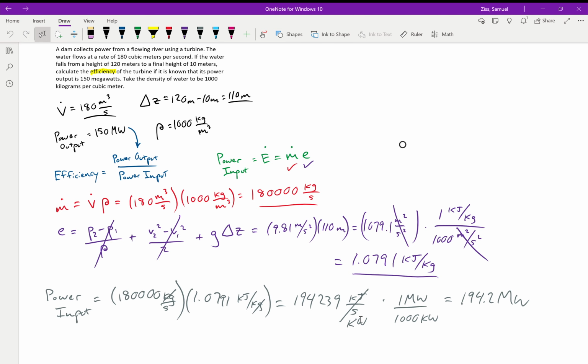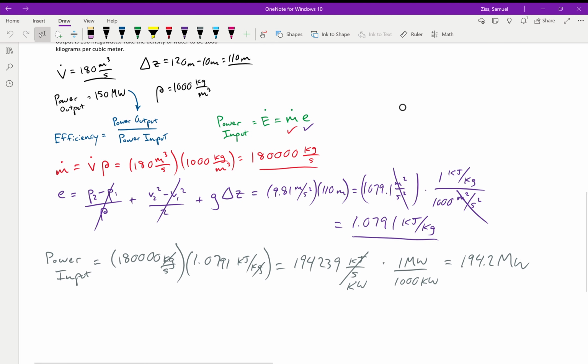So for the final step of this problem, we can go get our efficiency. Again, efficiency is power output, given to us as 150 megawatts, divided by our power input, which we found to be 194.2 megawatts.